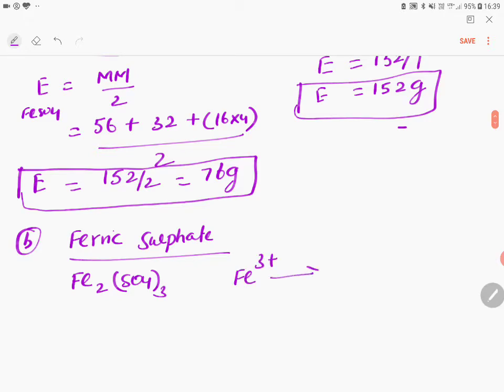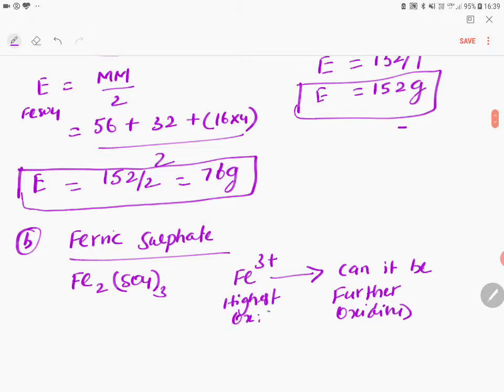Now, can it be further oxidized? No, it cannot be further oxidized because Fe3 plus is the highest oxidation state of iron.